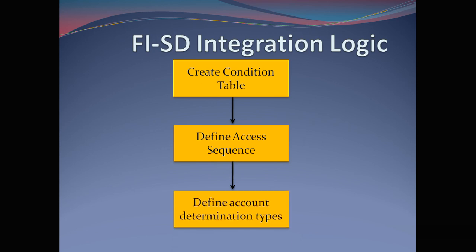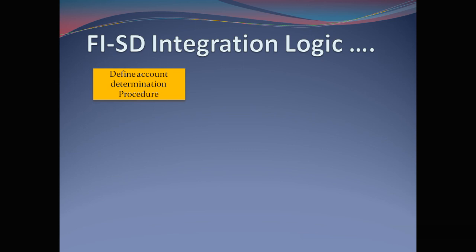And then in the next step we define the account determination type. This account determination type we will assign to the access sequence. Then we define the account determination procedure. Basically, account determination procedure will have a number of account determination types.